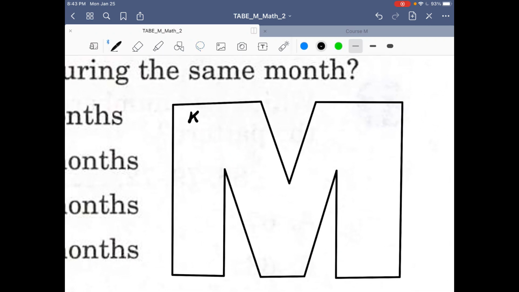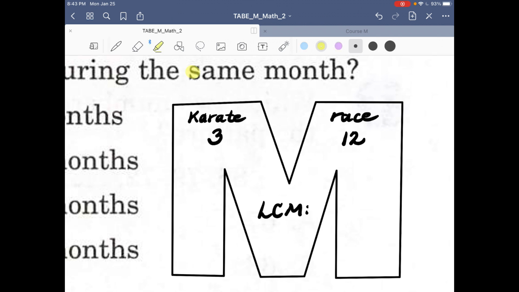So here is karate, and I'm going to just call this a race. That's a marathon. Karate is every 3 months. The race is every 12 months. And we want to know where the two of those are the same.